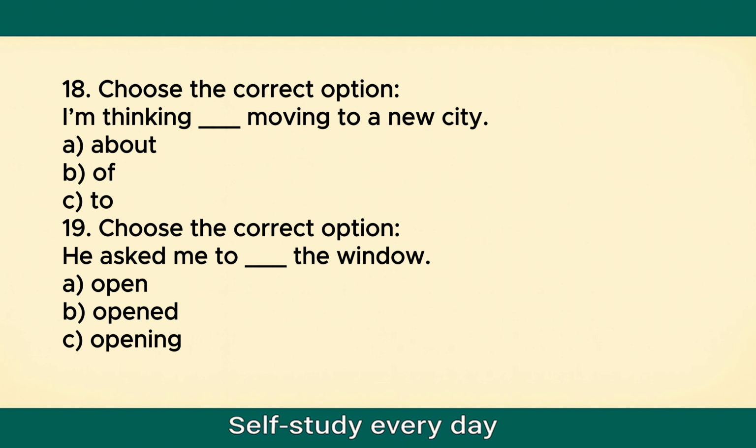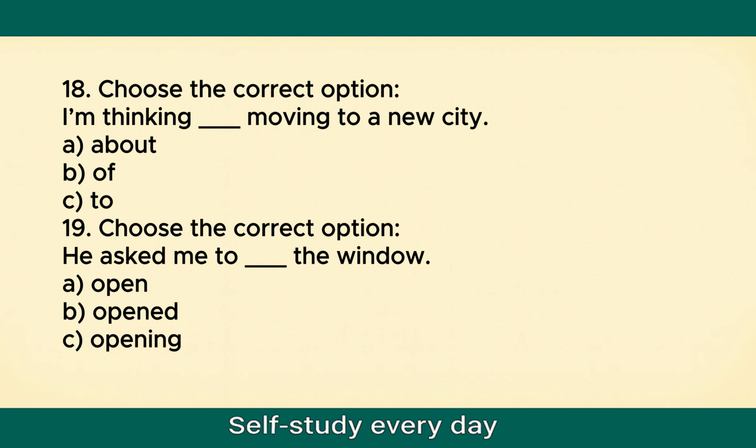18. Choose the correct option. I'm thinking blank moving to a new city. A. About. B. Of. C. To. 19. Choose the correct option. He asked me to blank the window.